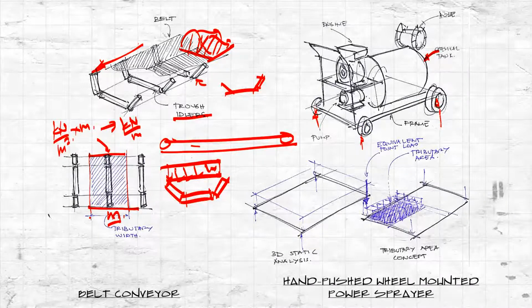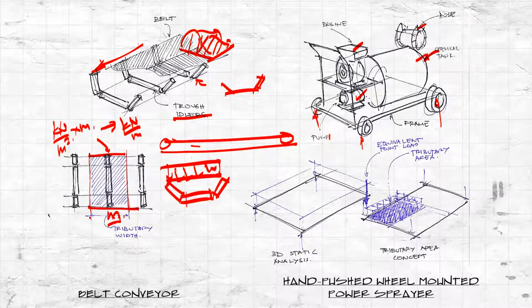Okay, so instead of going through the load path, some simplification is to use the concept of tributary area. Although you can also do 3D static analysis if you want, like for example the weight of the engine plus the weight of this pump plus the weight of this chemical tank plus the weight of this hose and things like that.